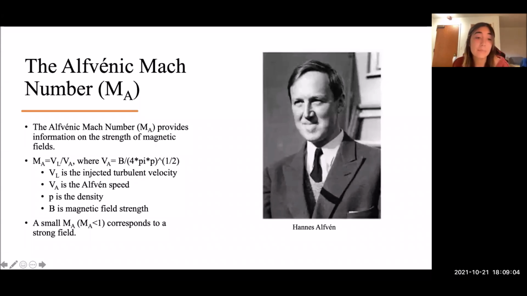Just to keep in mind, a small Alfvénic Mach number, which is less than 1, corresponds to a very strong magnetic field.